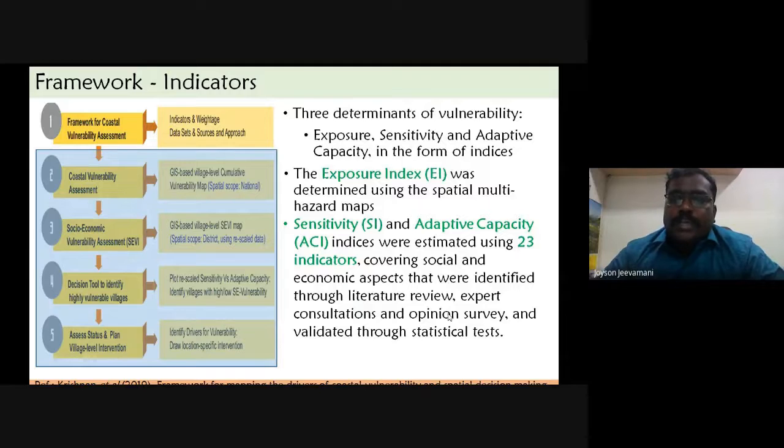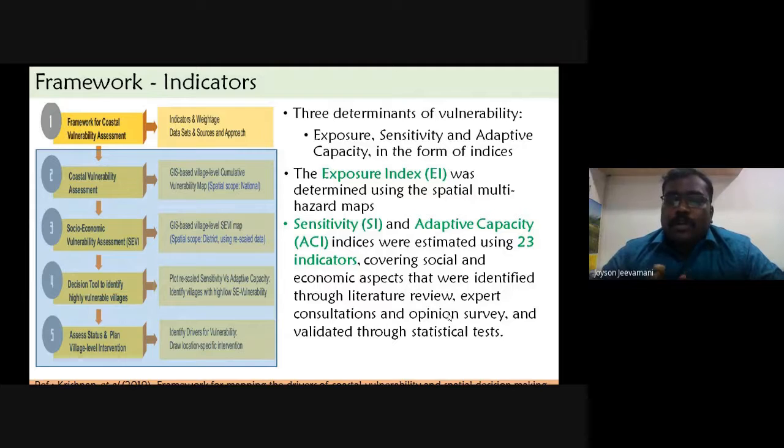So first one is the exposure index. It was determined using spatial multi-hazard maps, which were developed by INCOIS. In the next slide I will tell you about that. Then sensitivity and adaptive capacity are estimated using 23 indicators. Sensitivity has social and economic indicators, and adaptive capacity also has social and economic indicators.